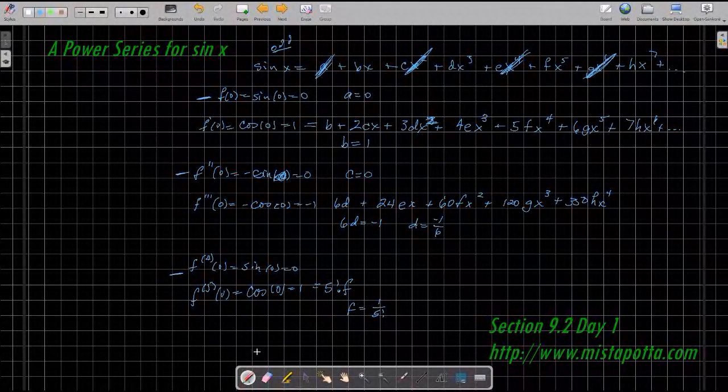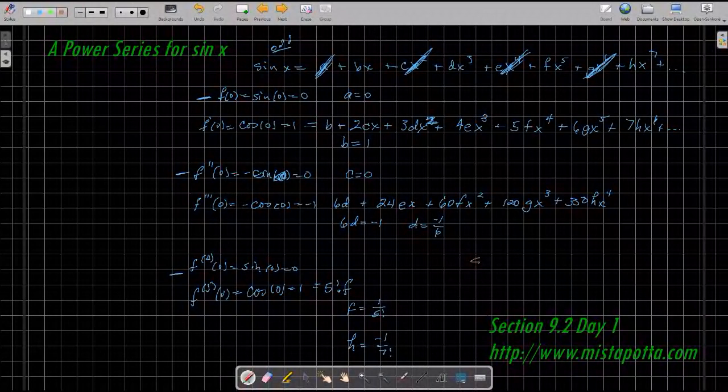And if I continue this, I'll find out that h ends up being negative 1 over 7 factorial. And I end up with a power series for sine x that involves only the odd terms.